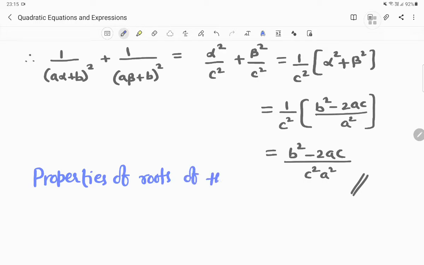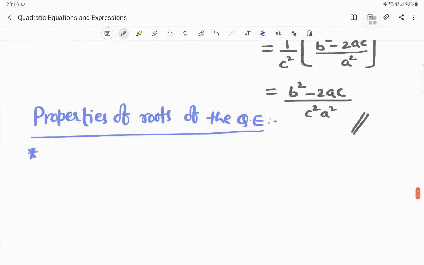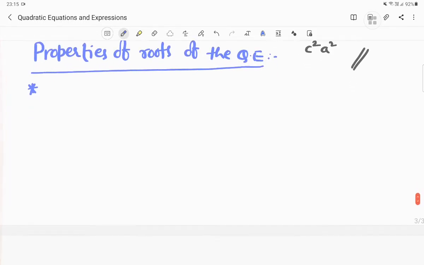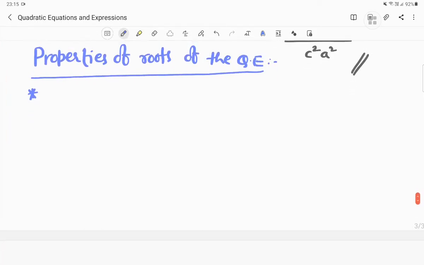Roots of the quadratic equation: first point, in the roots the discriminant is going to play the major role.